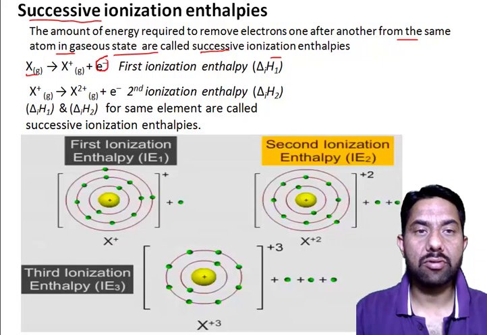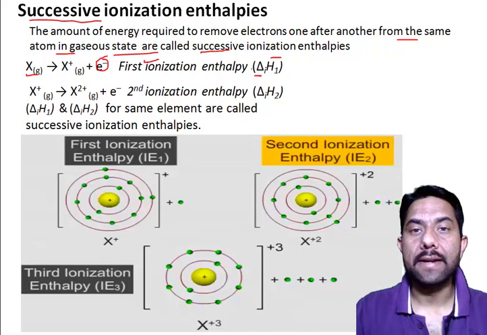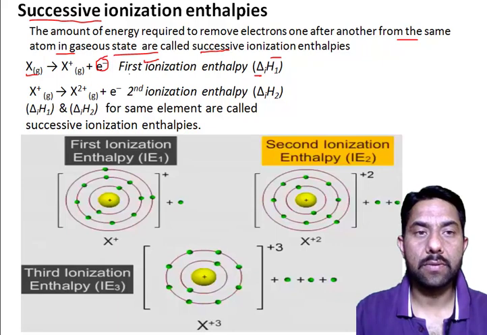That means 1 electron has been removed. This is called the first ionization enthalpy, represented as delta IH1. Delta means change, H means enthalpy, and I stands for ionization. Since 1 electron is removed, it is the first ionization enthalpy.